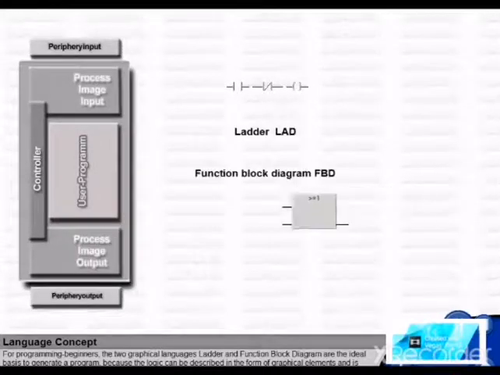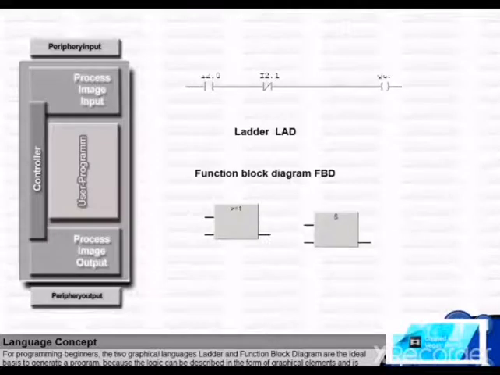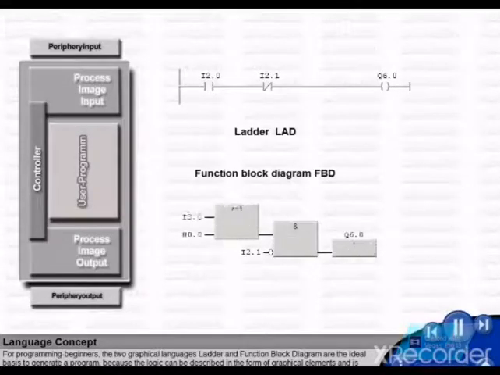For programming beginners, the two graphical languages ladder and function block diagram are the ideal basis to generate a program, because the logic can be described in the form of graphical elements and is therefore easy to understand visually.